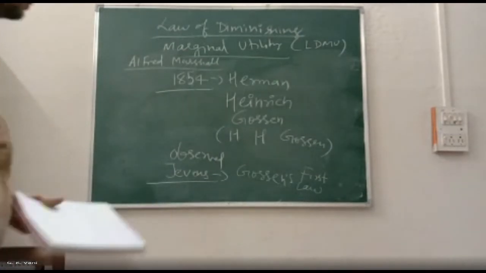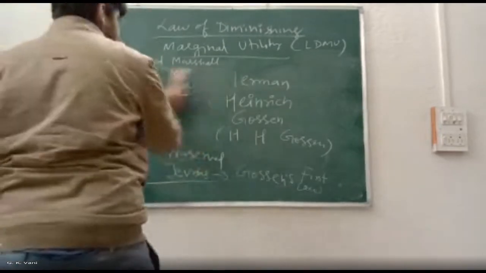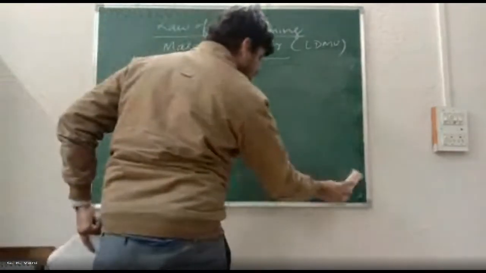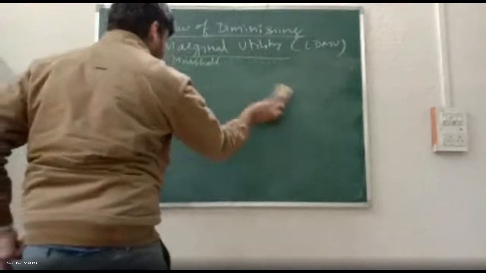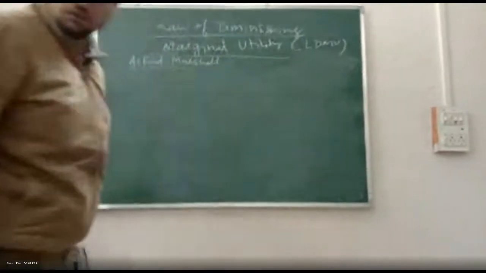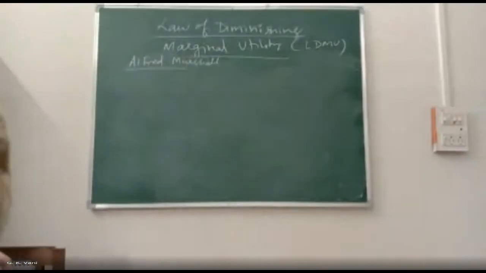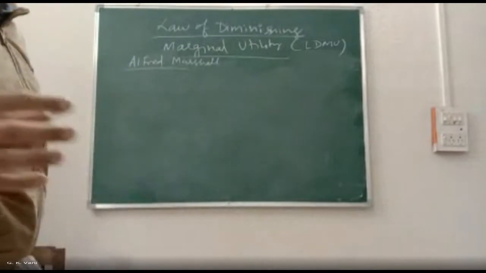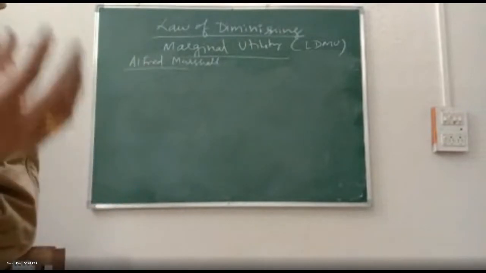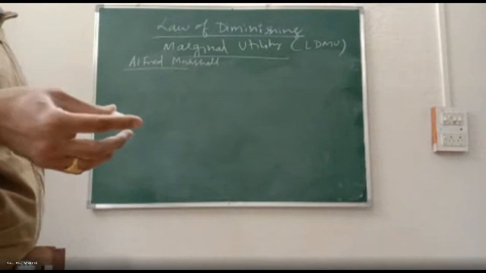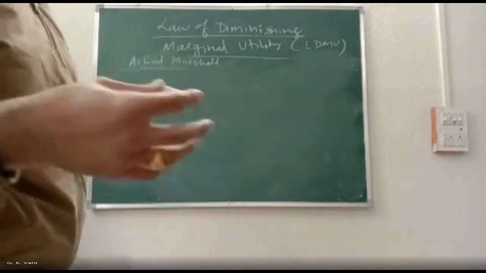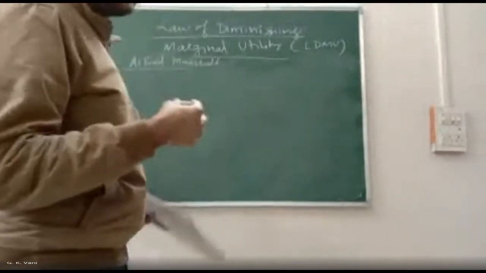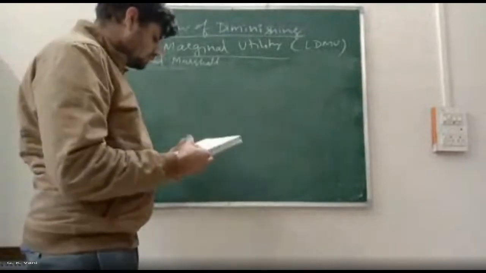Now coming to some more assumptions, because this law is related with consumption. We must impose some further restrictions on how the commodity is consumed, because how the commodity is consumed affects how utility is derived.